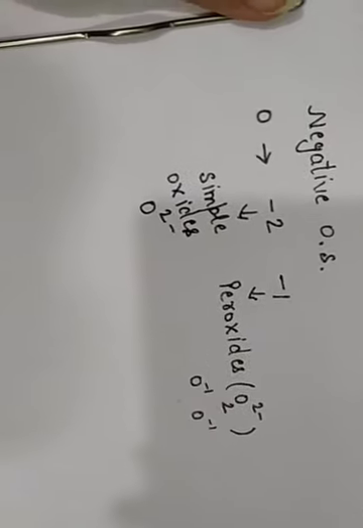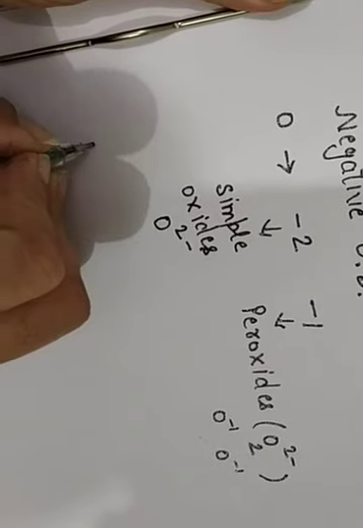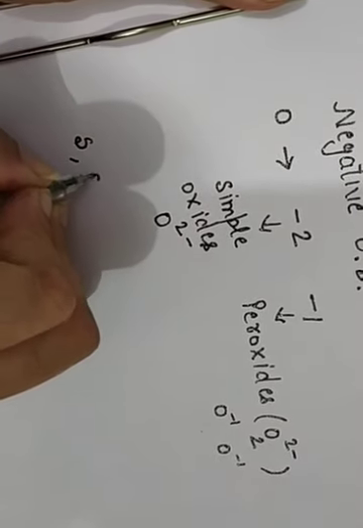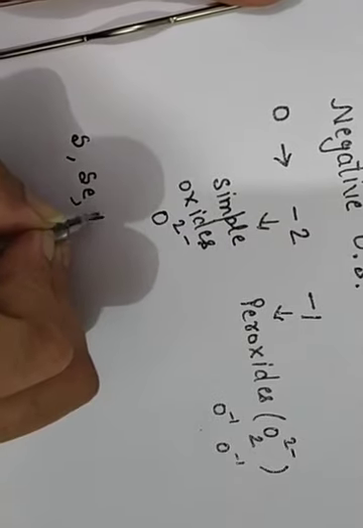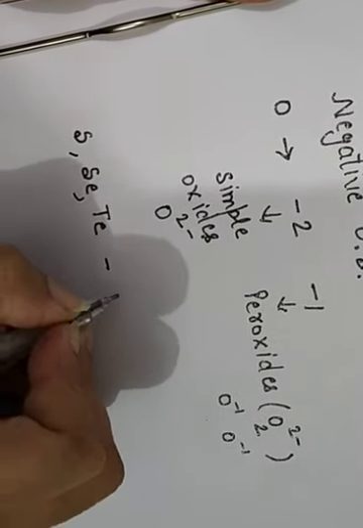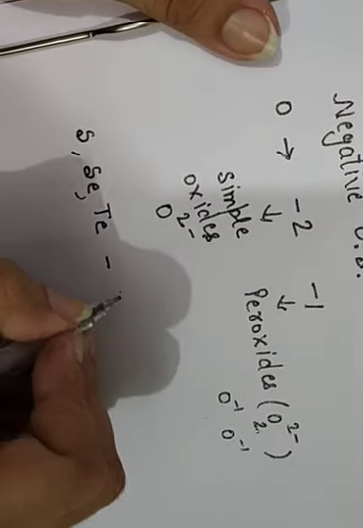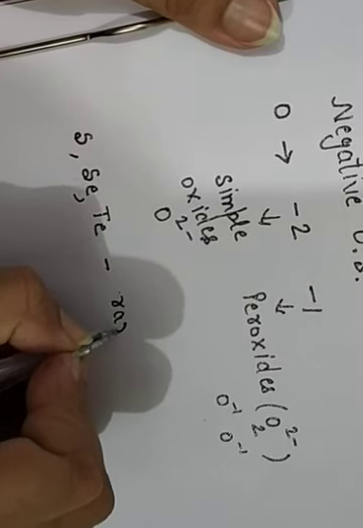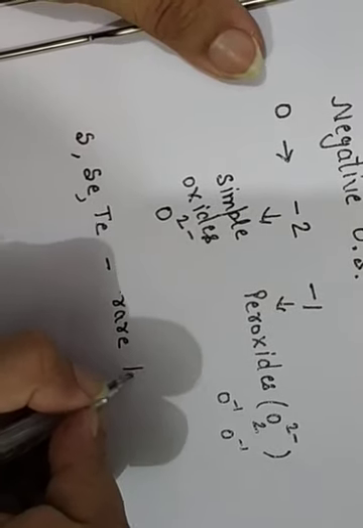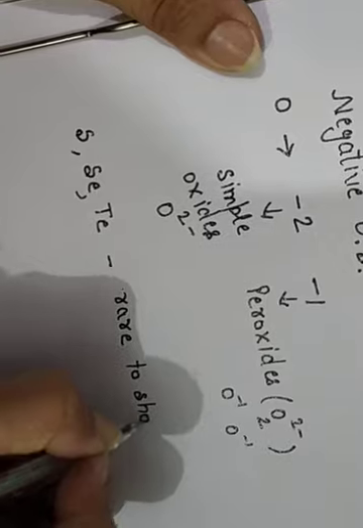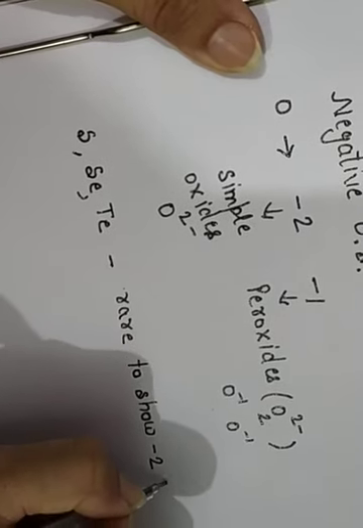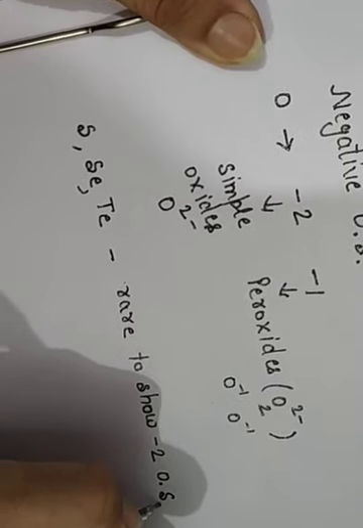Now next one, about sulfur, selenium, tellurium. They have the tendency, but this tendency is very rare, to show -2 oxidation state. Why?